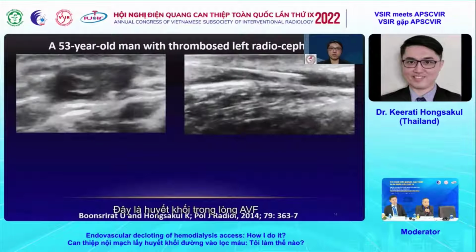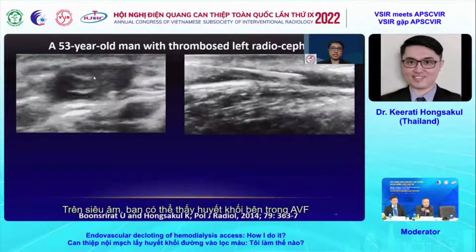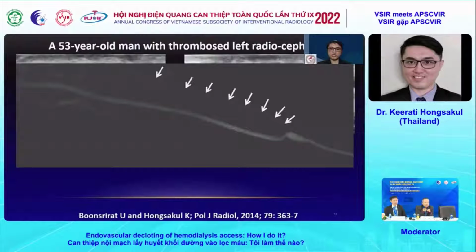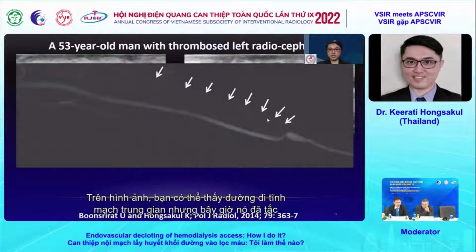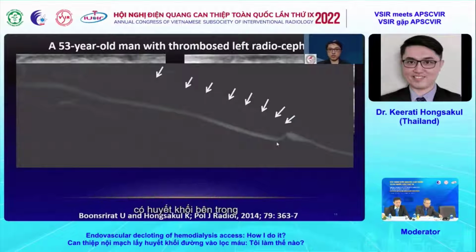Another case is a thrombosed left radiocephalic AVF. From the ultrasound, you can see the clot inside the AVF. We punctured the proximal part of the cephalic vein and inserted the sheath. Also, we performed an angiogram from the brachial artery to check the access. You can see the line of the cephalic vein, but now it's occluded, so it has a thrombus inside.